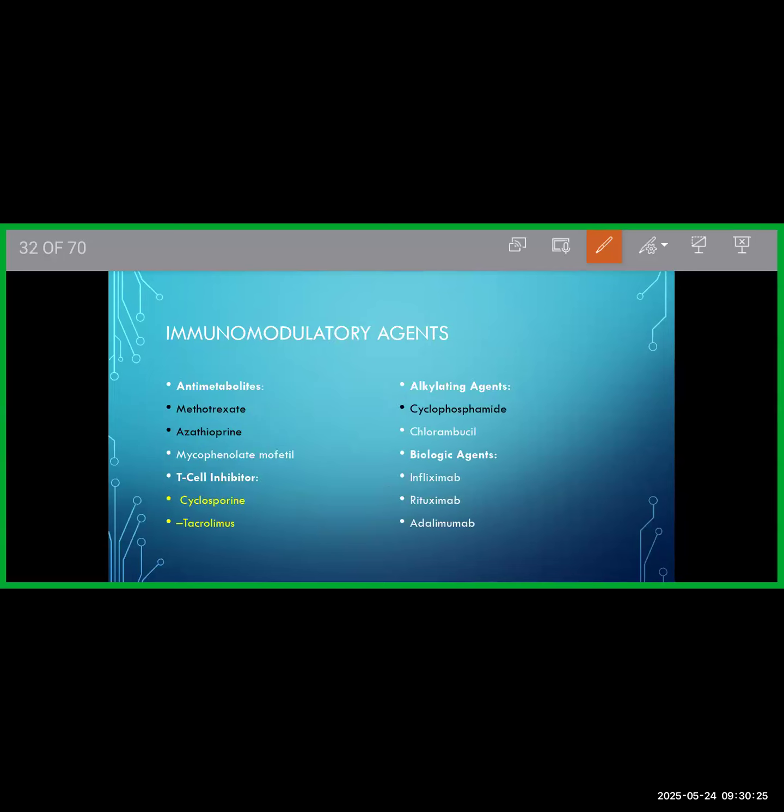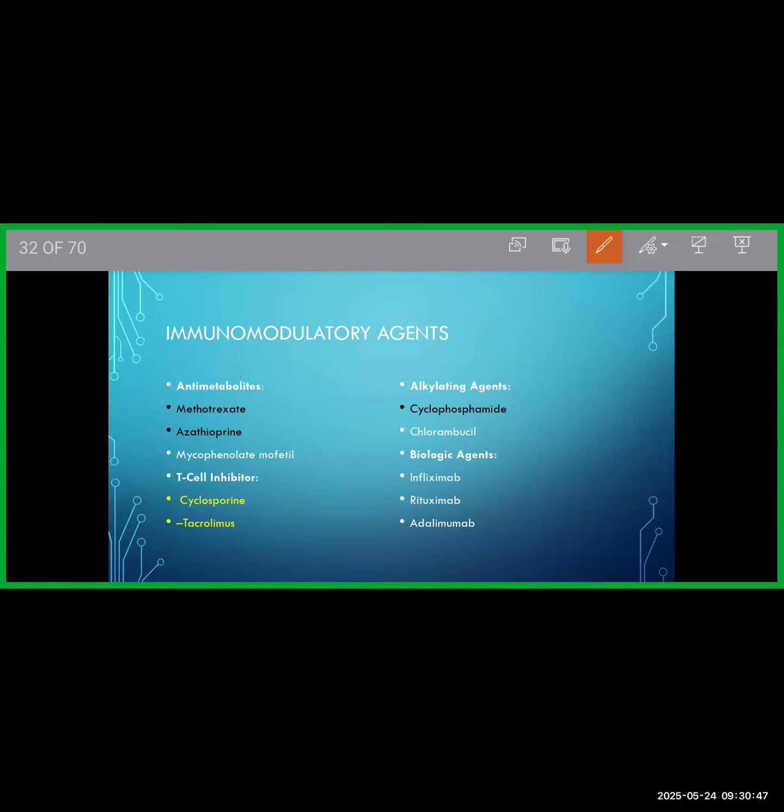Now, the immunomodulative agents that can be used are the antimetabolites. The commonly used ones are methotrexate and azathioprine. We can also use alkylating agents such as cyclophosphamide. The other ones are not readily available.